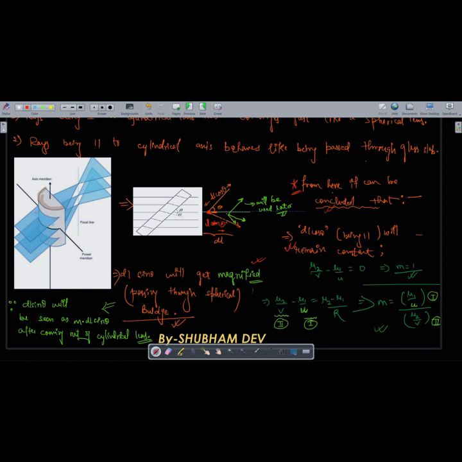So for the calculation, from the general formula, mu 2 by v minus mu 1 by u equals mu 2 minus mu 1 by r, the magnification will come out to be m, which is mu 1 by u divided by mu 2 by v. This is for the cos theta part, and this calculation is for this part.